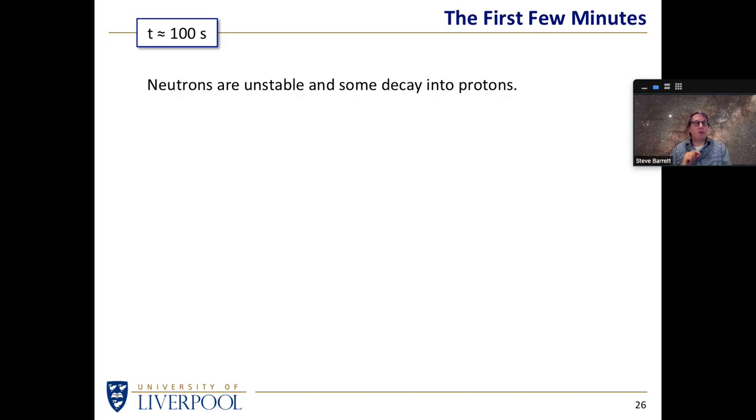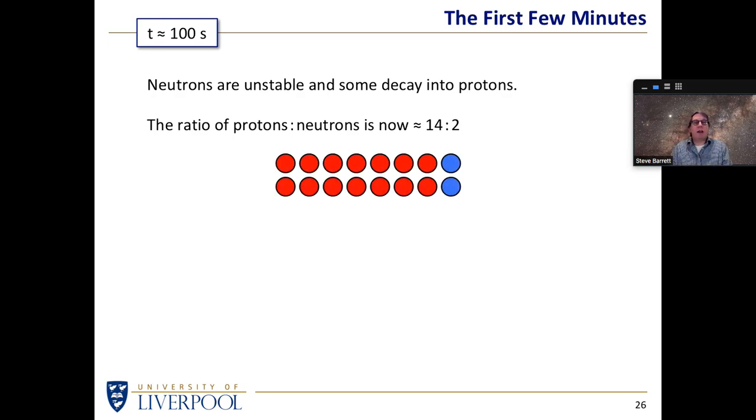So we know that neutrons are unstable. So that means the ratio of protons to neutrons changes slightly. Rather than 3/4 protons and 1/4 neutrons, we've now got a ratio out of the 16 that I've chosen just as illustration. Now 14 of them are protons in red there, and 2 of them are neutrons.